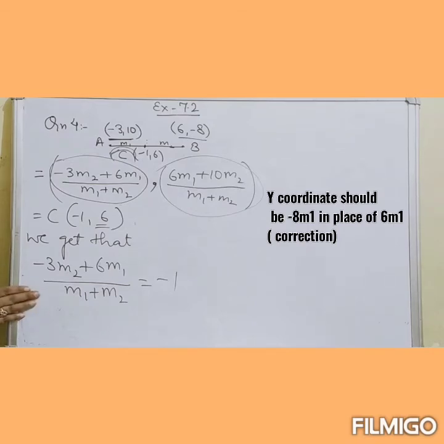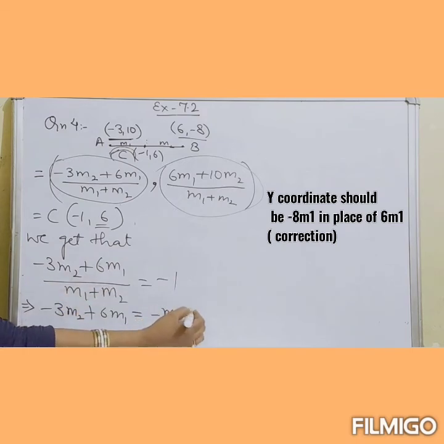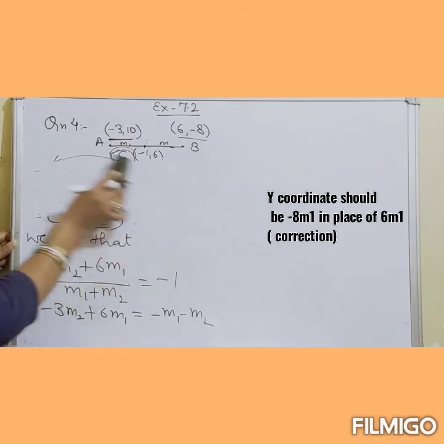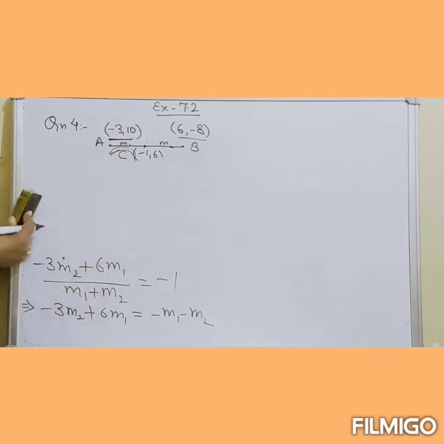So I am just taking the value of x, comparing the values of x, and I will get minus 3 m2 plus 6 m1 equal to, if I multiply this with minus 1, minus m1 minus m2. So solve it further.